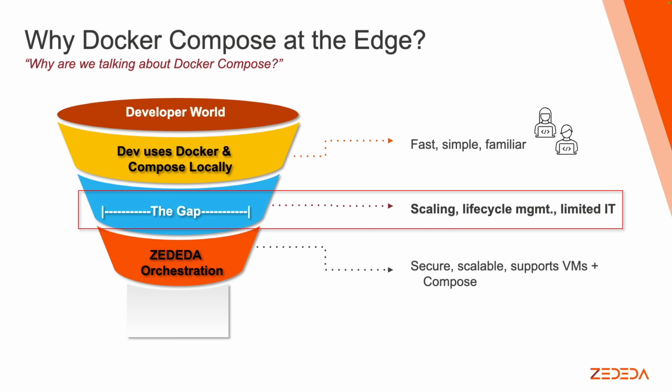At the same time, your developers are delivering modern containerized apps, often defined with Docker Compose. And looking ahead, there are always new container frameworks and services being introduced. So what makes us unique is that we don't force you to choose one model. We support them both. Instead, we provide a platform where you can run all of those workloads side by side on the same edge node. So the bottom line is, whatever workload you have today and whatever you add tomorrow, we will support it and we can orchestrate them.